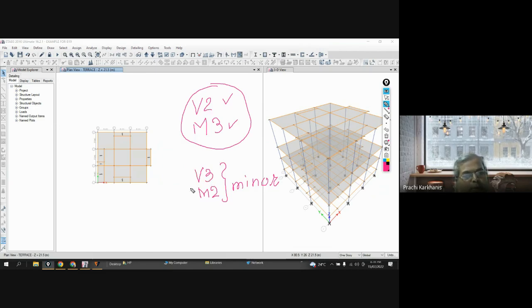Most of the time, this is not at all required because we never design any beam for minor shear force. Now this M2 is not required in case of beams, but in case of columns, you need M2.